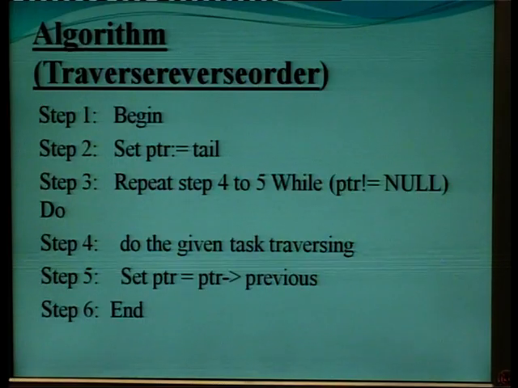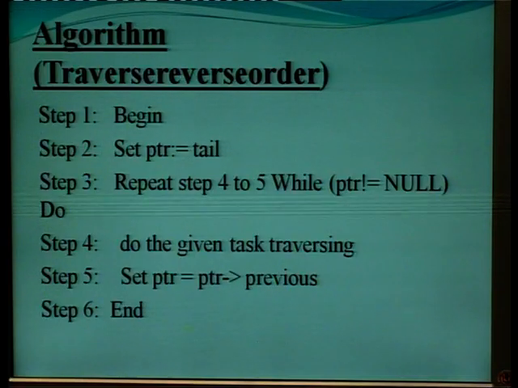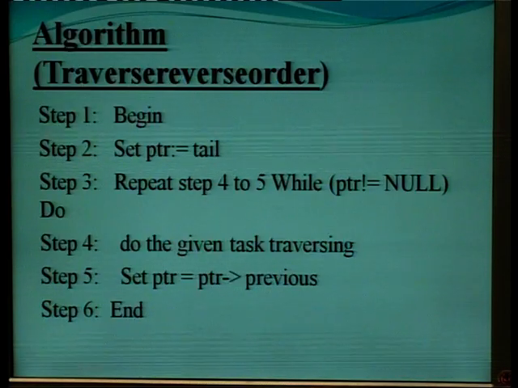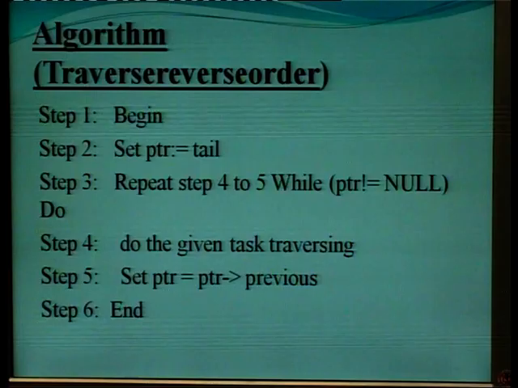So let us start with the example. In the previous diagram we noted the start node and the end node. The start node contains a null value in its backward field and the end node contains a null value in its forward field. A null backward field means no previous node is connected, and a null forward field means no next node is connected to the list.